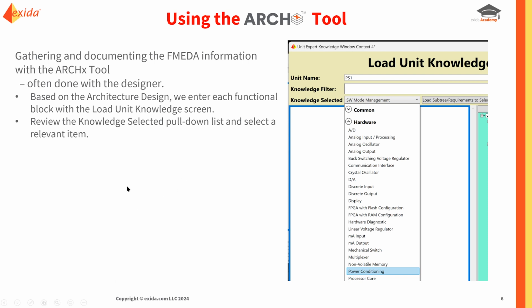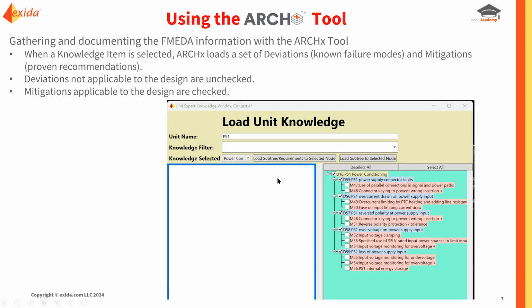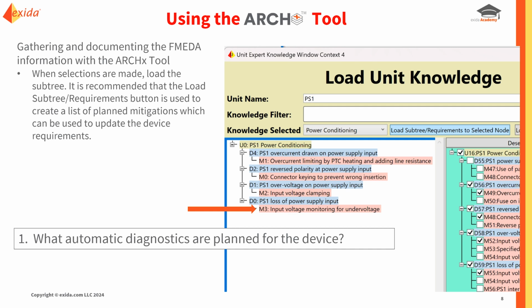In load unit knowledge, we enter the name of the block, pick a block knowledge type, and as soon as we pick a block knowledge type, ARCHx displays known failure modes and proven mitigations. We can select the failure modes that are applicable and the mitigations that are applicable in our design and load that unit knowledge into the device architecture tree.